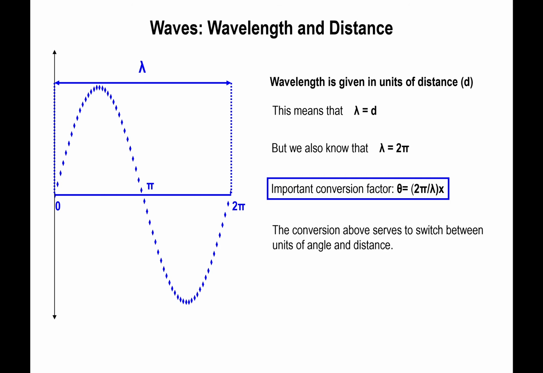So this is something important for quantum mechanics, quantum physics. This is more for your information. I'm not going to actually be testing you on this equation, but I want you to be aware of the fact that wavelength can be used as a conversion factor to go from length back to units of angles.